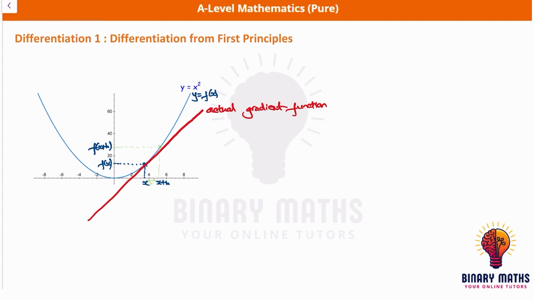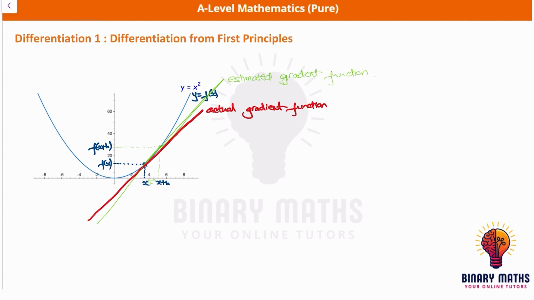Then if I were to draw a line going through the coordinates with x coordinate x and x plus h, then that would be an approximation. So this will be an estimated gradient function, which obviously is not the exact gradient that we want, but it's a rough guess using knowledge that we already have.